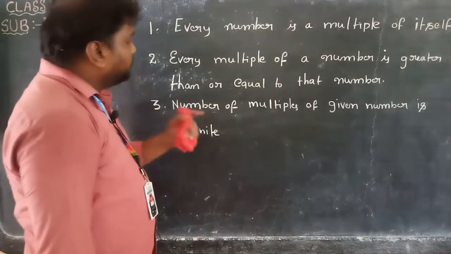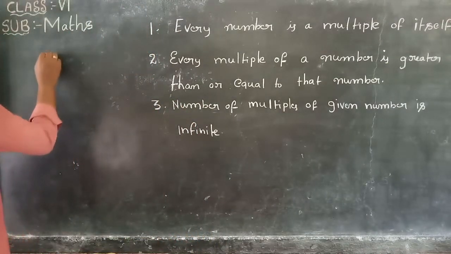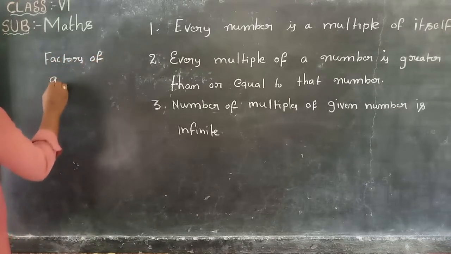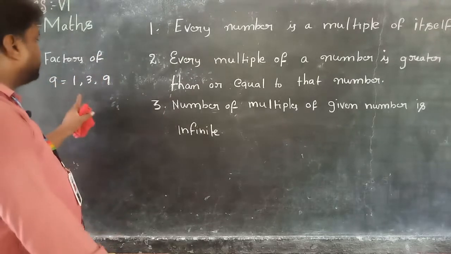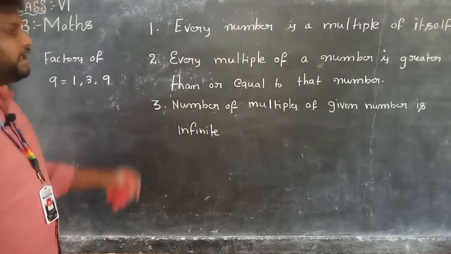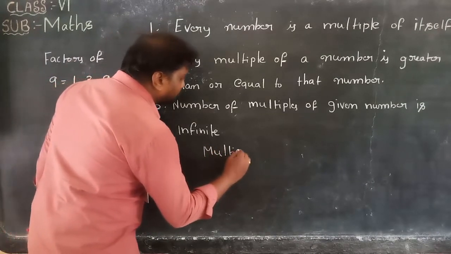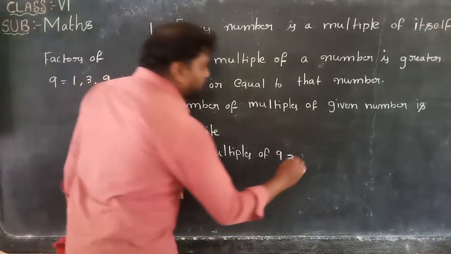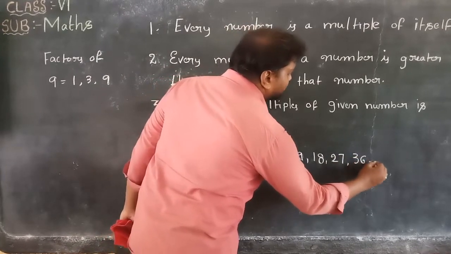See, first of all, you compare the factors. The factors of 9 are 1, 3, 9, which means limited, or finite. But in multiples, for the same value, we take the multiples of 9: 9 ones are 9, 9 twos are 18, 9 threes are 27, 9 fours are 36, and so on.